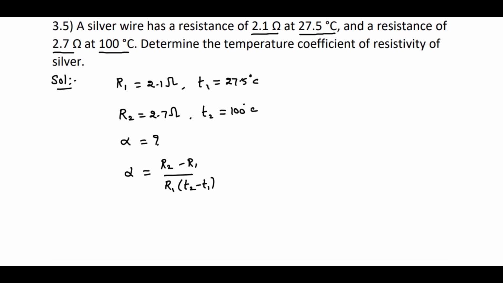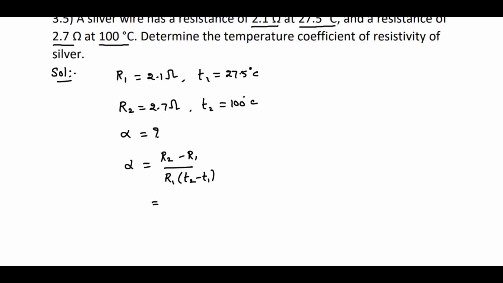Now by taking the values, 2.7 minus 2.1 divided by 2.1 into 100 minus 27.5. So that is equal to 0.6 divided by 2.1 into 72.5.